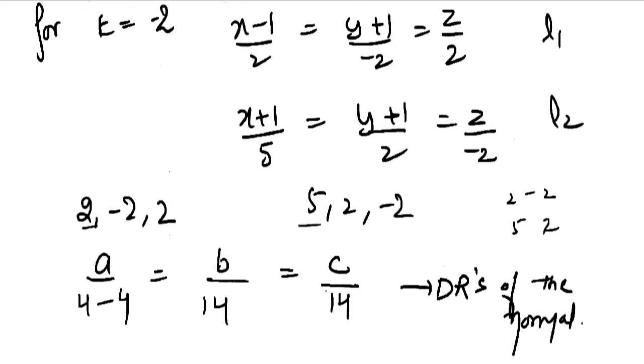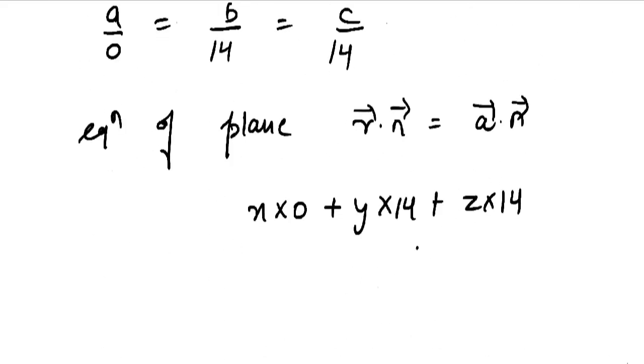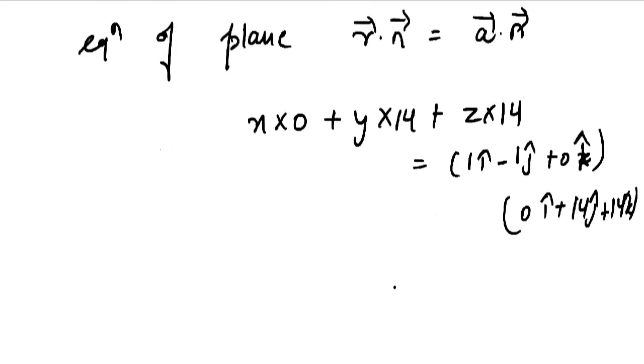And here our passing point is 1, minus 1 and 0. The plane is passing through this point. So we will have 1, minus 1 and 0 into the normal vector, that is 0i, 14j and 14k.